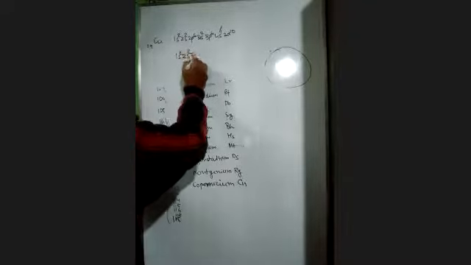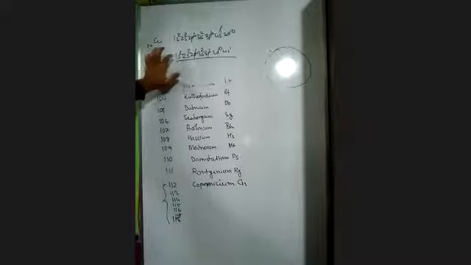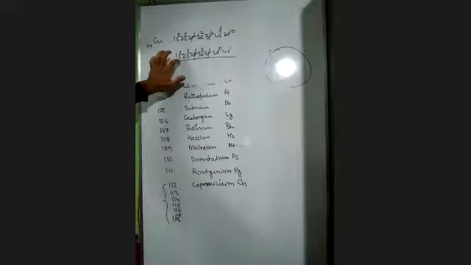But your miss has told, maybe in BSF also, it is 1s2, 2s2, 2p6, 3s2, 3p6, 3d10, and 4s1. It is given in your book also, and your miss also told you to write like this.